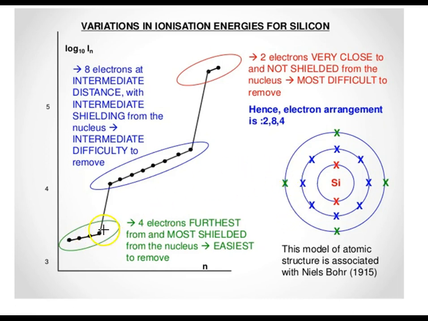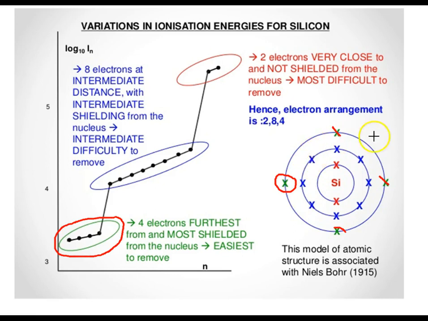The first 4, which you see in green, and then they're over here on the graph, they are taking about the same energy to remove. So the first one would be the easiest to remove, and then the next 1, 2, 3 are increasingly difficult, but still within the same range. Those are the furthest from the nucleus, so they're the easiest electrons to remove.